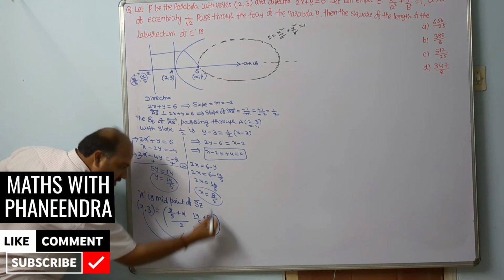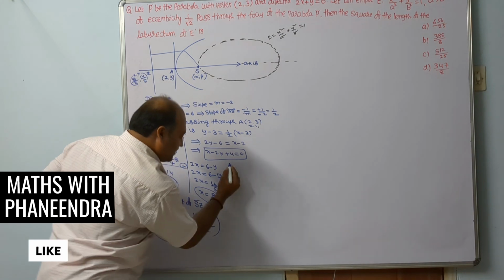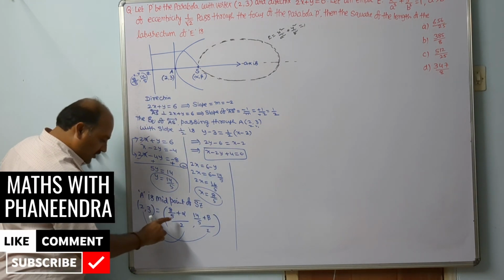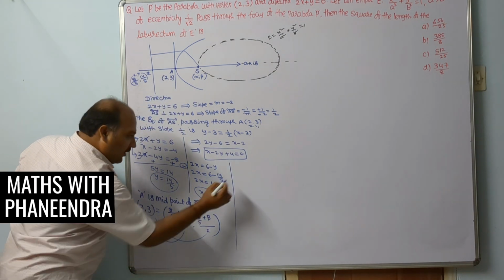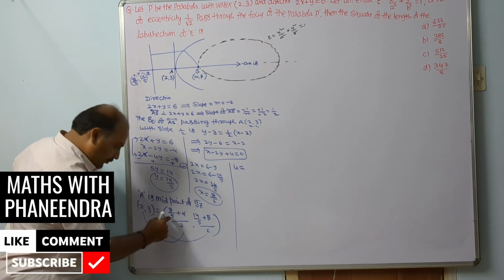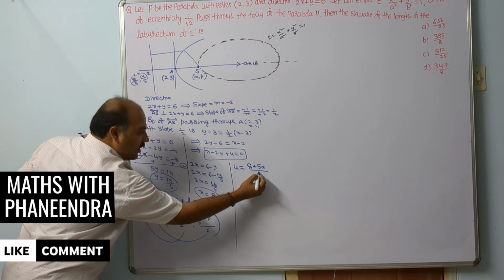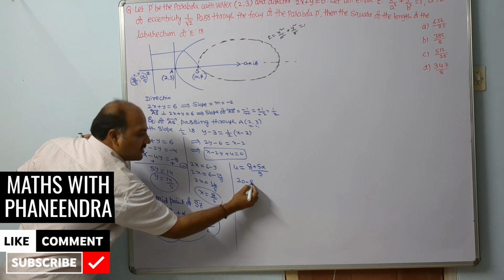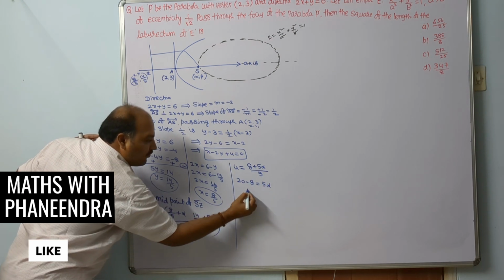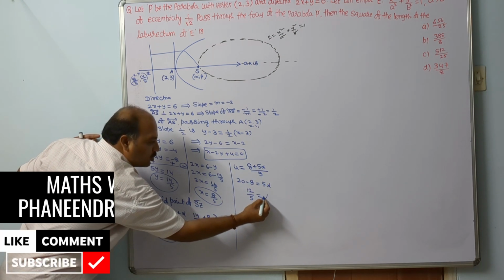Equating these two, step by step we will do it. After taking LCM, 2 twos are 4, so 4 equal to 8 plus 5 alpha divided by 5. So 20 minus 8 equal to 5 alpha, 12 by 5 is equal to alpha.